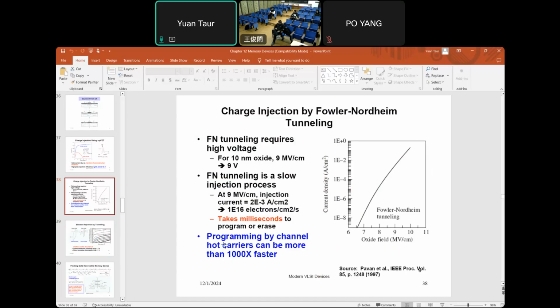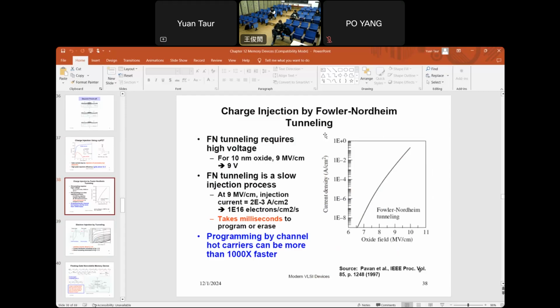Compared with the channel hot carrier we just talked about, this is much slower, something like 1,000 times slower.